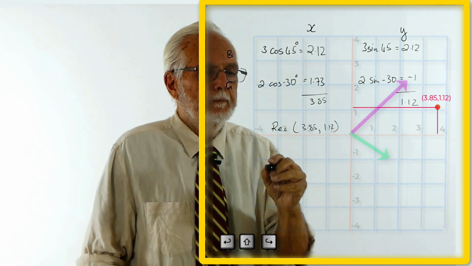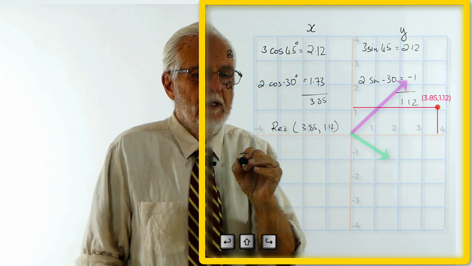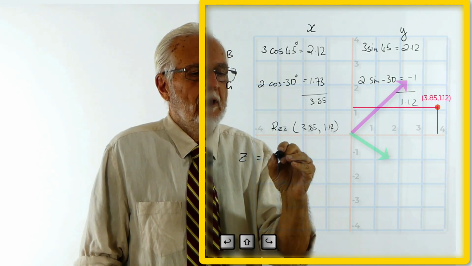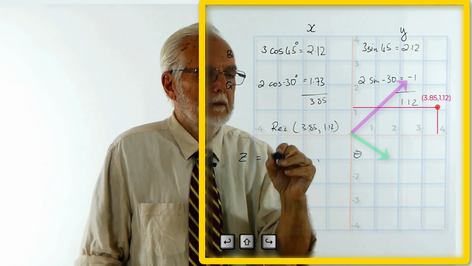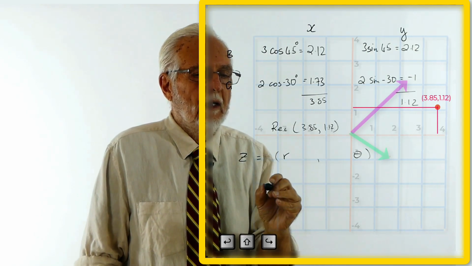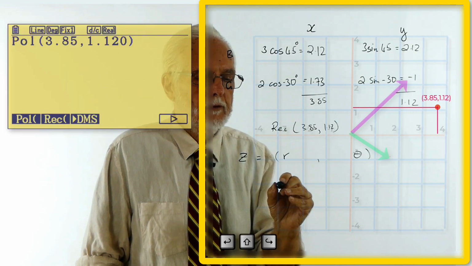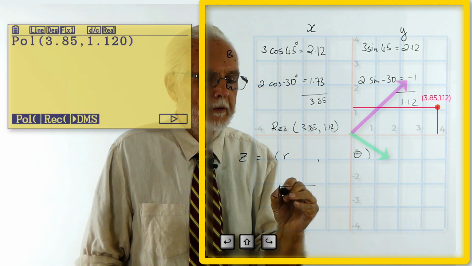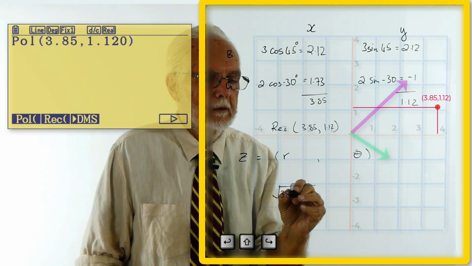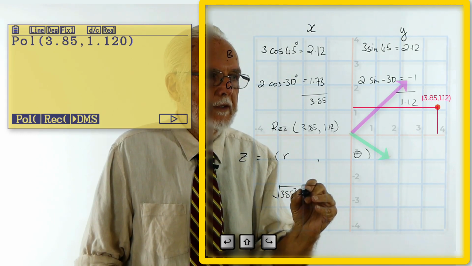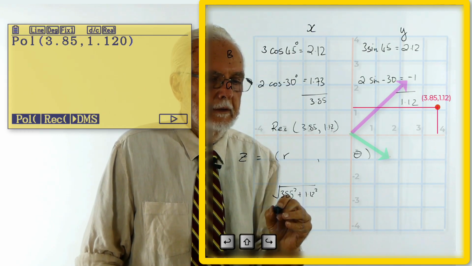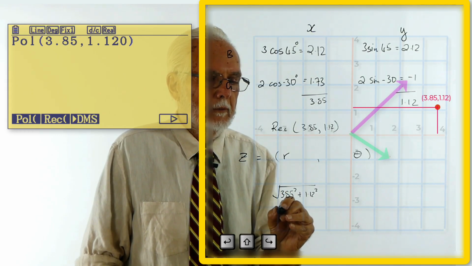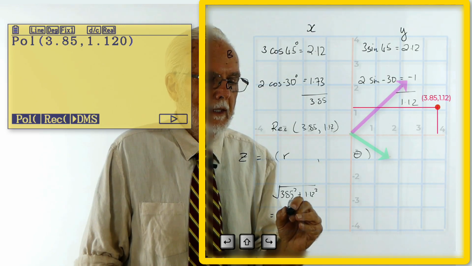Now for polar, we'll say z equal to r theta, and r will be equal to the square root of 3.85 all squared plus 1.12 all squared, and that will be equal to 4.